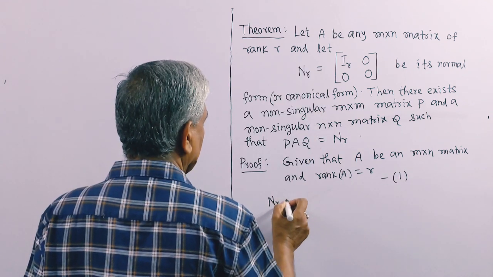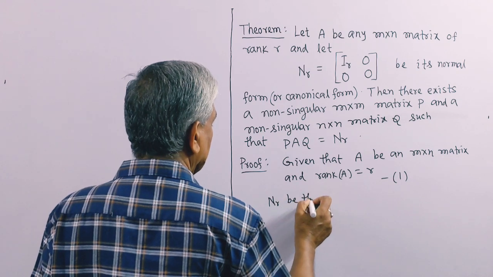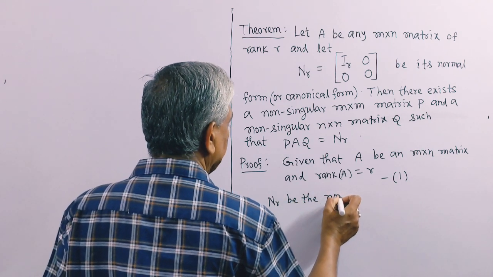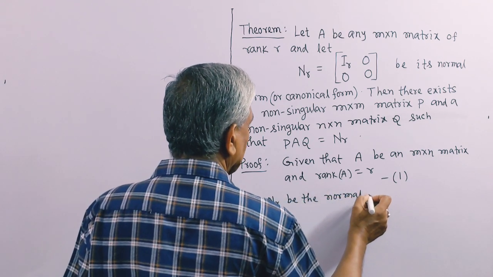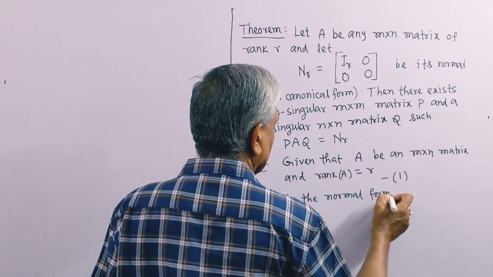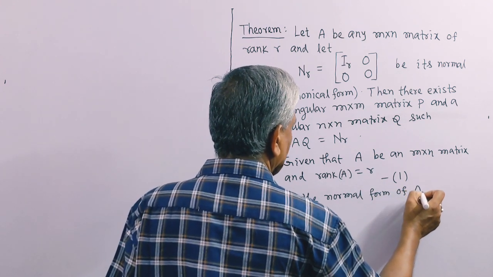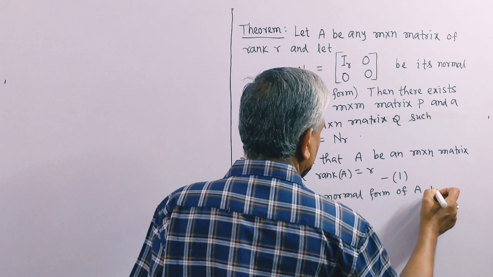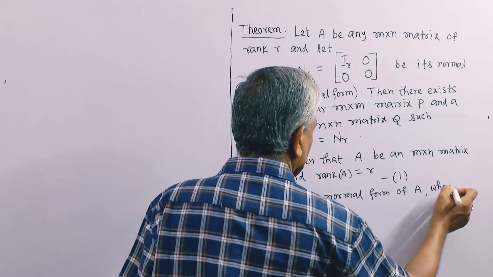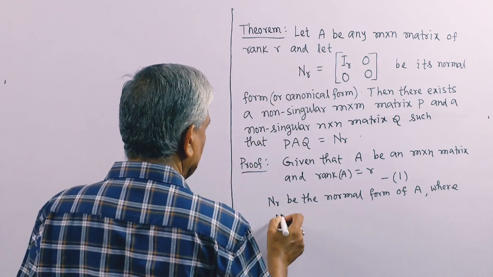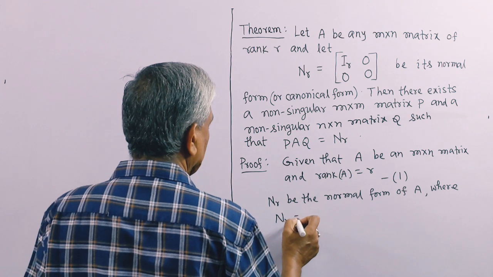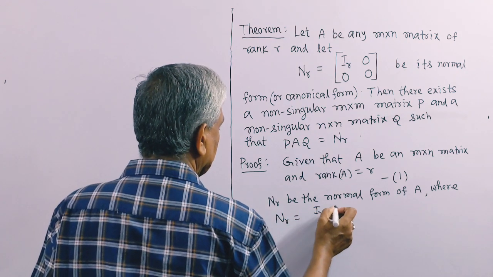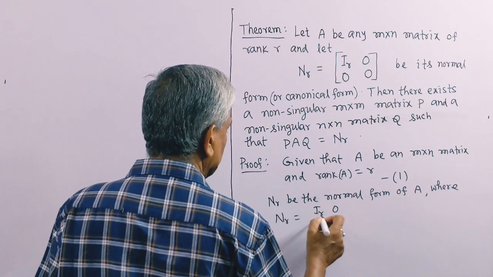Let Nr be the normal form of A, where Nr equals [IR 0; 0 0].